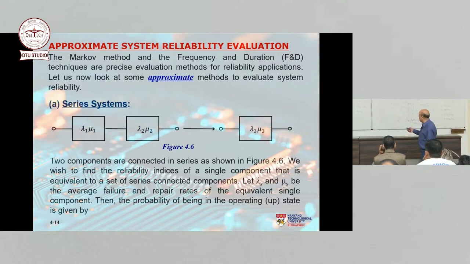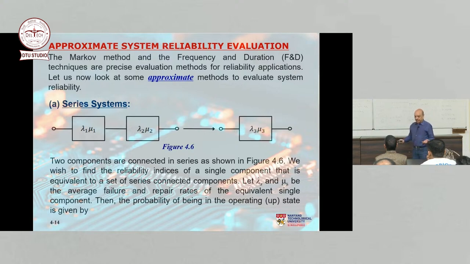So we have two components here in series. The first component has failure rate lambda 1 and repair rate mu 1. And the second component has failure rate lambda 2 and repair rate mu 2. Remember, we are dealing with repairable systems, continuously operated systems. We are no longer dealing with mission-oriented systems. And then we want to combine these two in series.